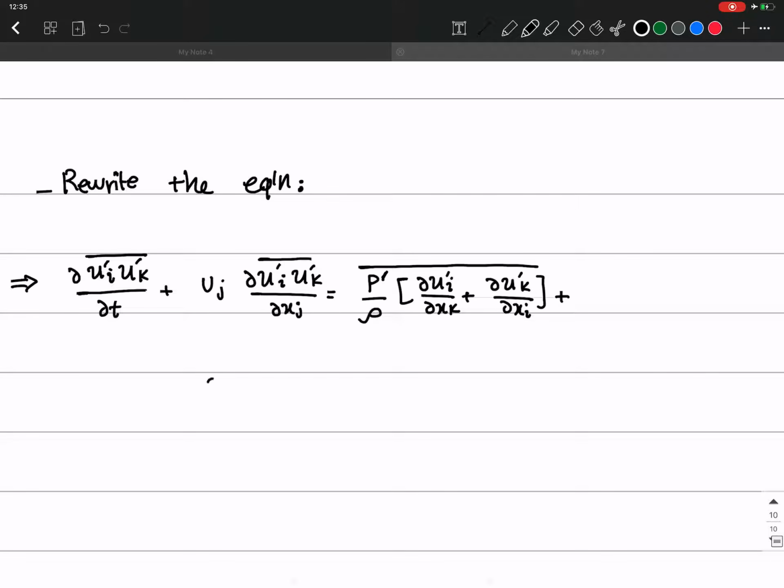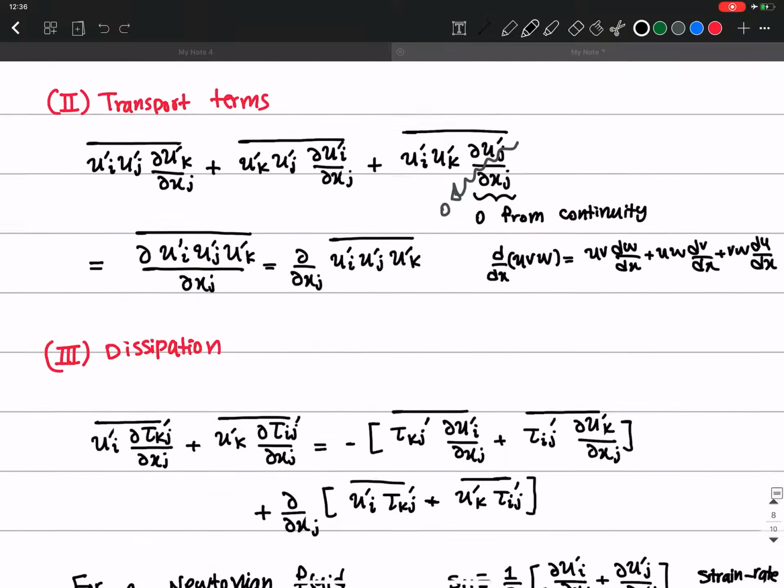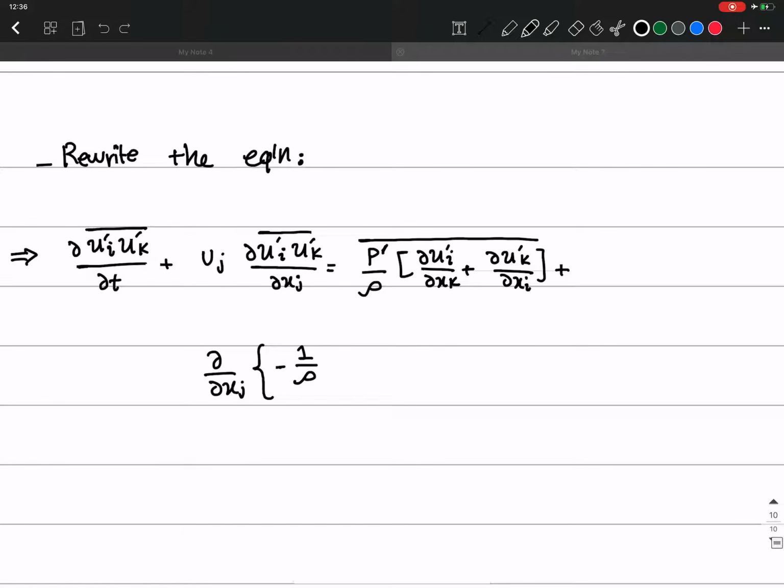I can factor out partial over partial xj, and I have minus 1 over rho. First, I write the pressure terms here. So we have p prime u prime k bar delta ij plus p prime u prime i bar delta kj.